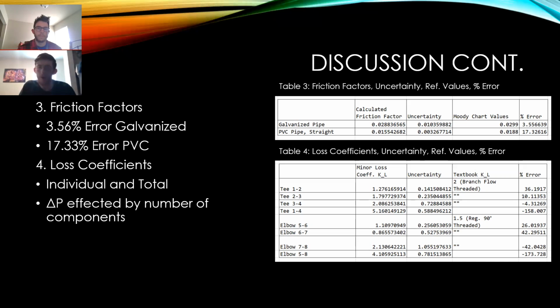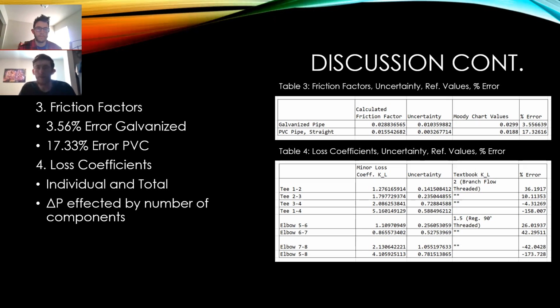And so then for part 4, we were asked to calculate the loss coefficients through the T series and the elbow series. Table 4 shows this data again with uncertainty and then the textbook loss coefficient and the error. One important assumption that we had to make for this part was that the T's and elbows were threaded.